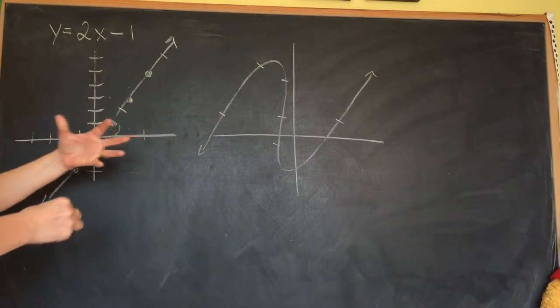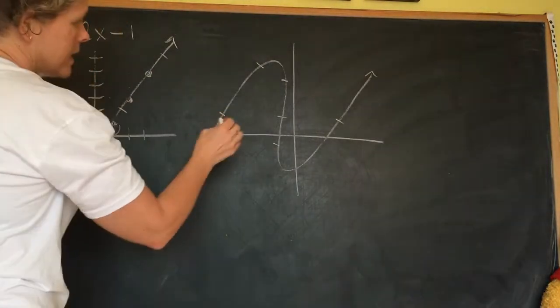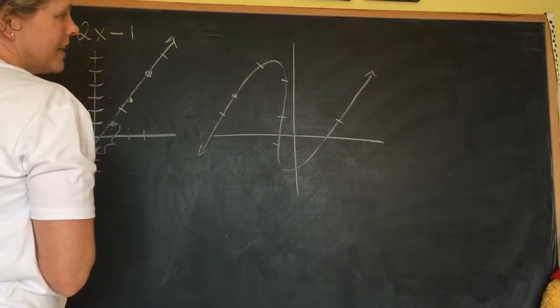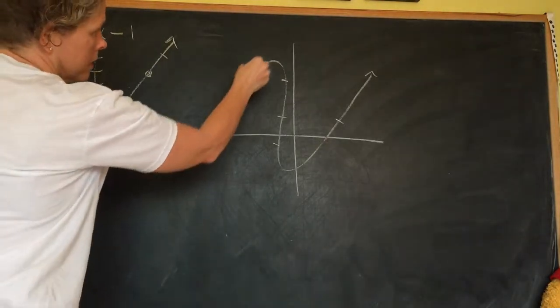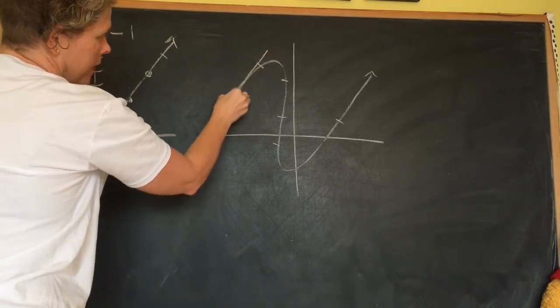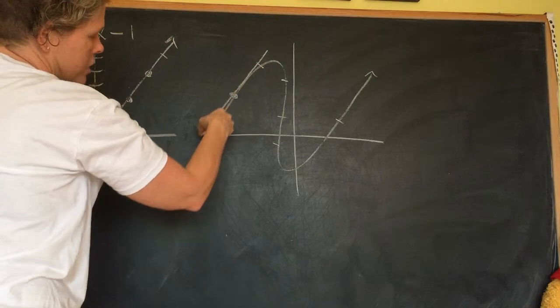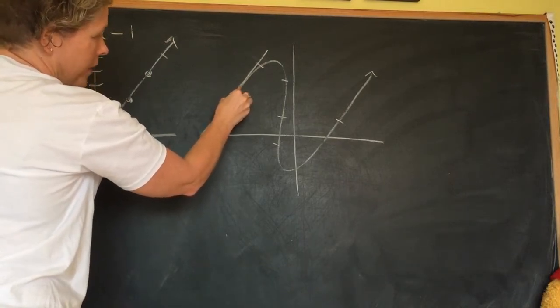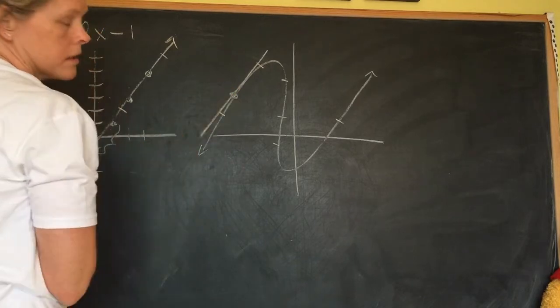So to combat that, what happens is we pick an arbitrary point, and we have a tangent line at that point. If I can find the slope of the tangent line, then that is also going to be the slope on the curve at that point.